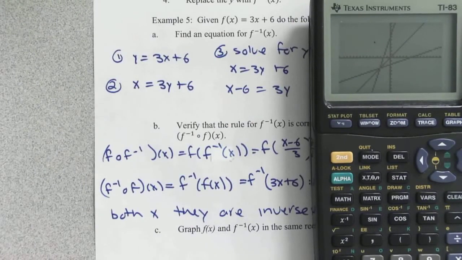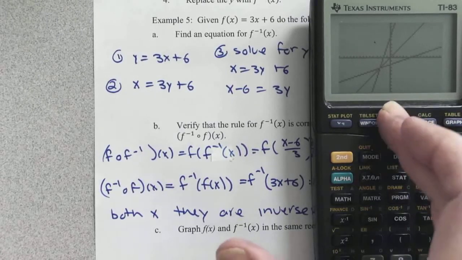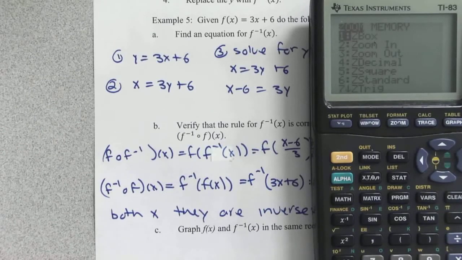There's my graph, and you can sort of see that the line I added, y equals x, is now dotted. You wouldn't have to do that. But what we're looking for here is that reflection property, that the two original functions I put in there do look like they reflect across the line y equals x. Now that was on zoom square. Look what I get if I hit zoom 6, which we almost always do.